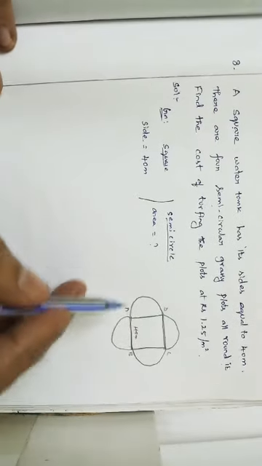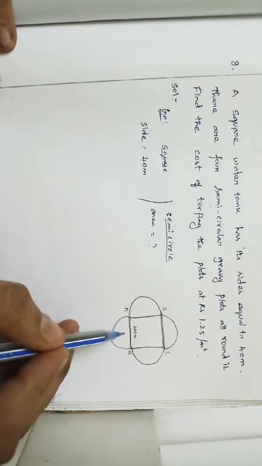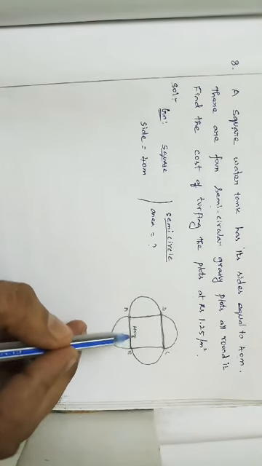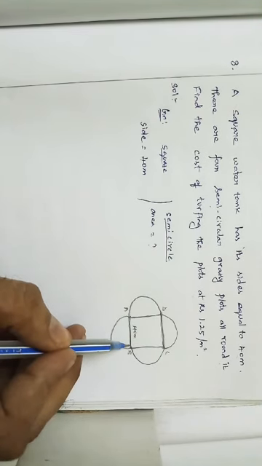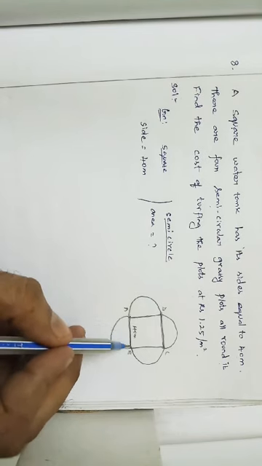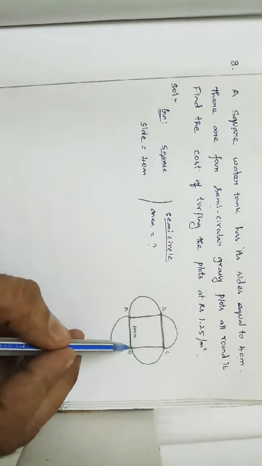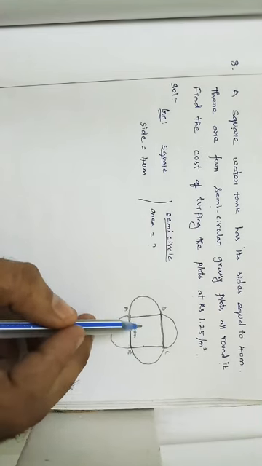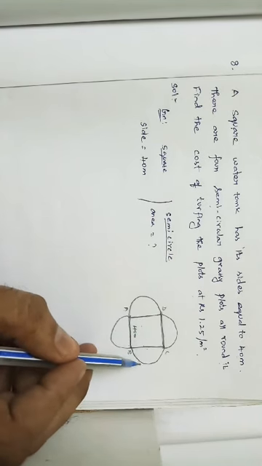See, by seeing the diagram, all 4 are semicircles. AB is a side of the square, and at the same time AB is the diameter for a semicircle. BC is also a side of the square and the diameter for another semicircle.